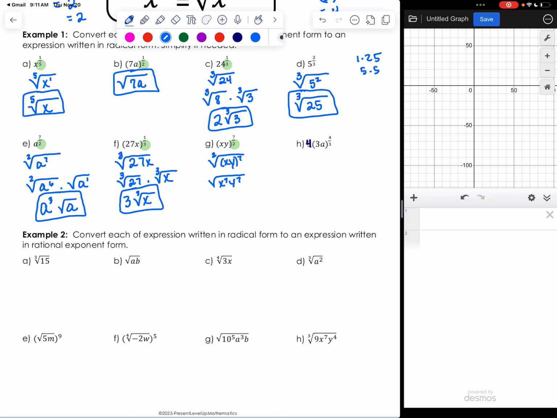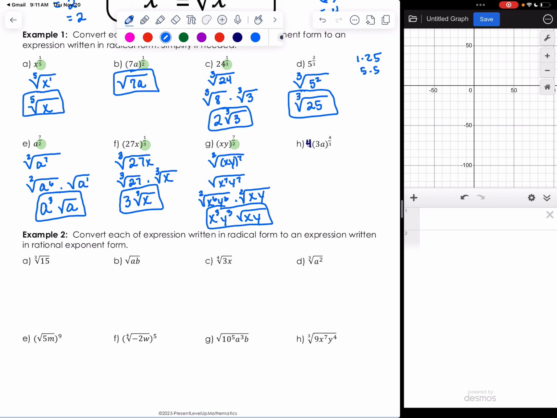Now we can simplify that by taking out the perfect squares, x to the 6, y to the 6, times the square root of just xy. So take your power of 6, divide it by 2. So this would be x cubed, y cubed, and then square root xy.